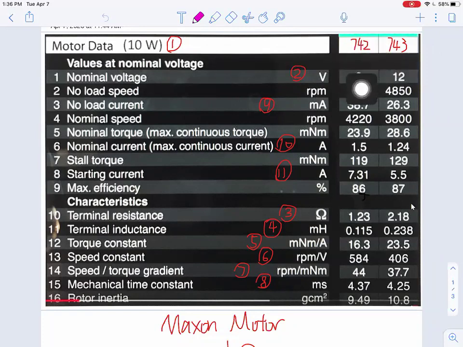One motor can run at a nominal voltage of 9 volt, another one has a nominal voltage of 12 volt, but they both offer 10 watt. So let's take a look at this data sheet.